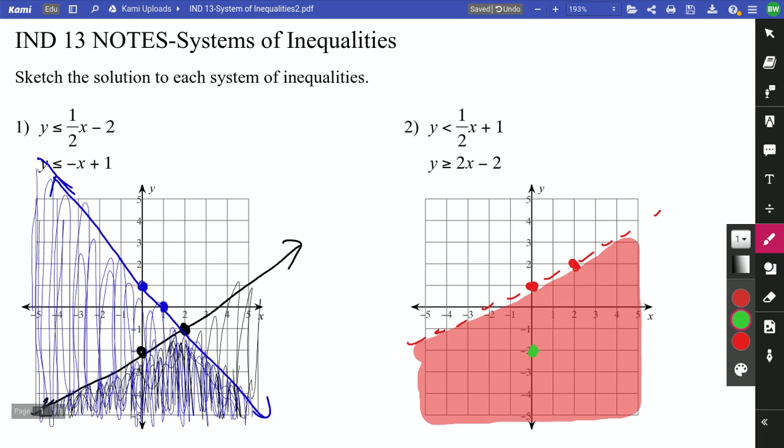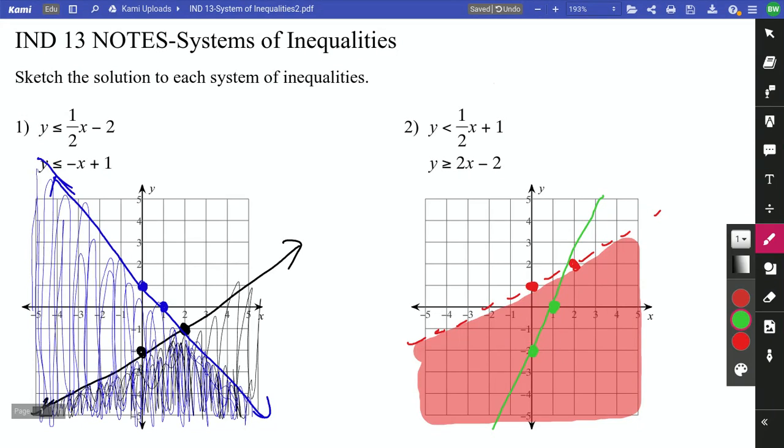Rise over run is 2/1. A rise of 2, a run of 1 gets us to that point right there, which we will color in. And now this one is a solid line because that's greater than or equal. Okay, so connect those with a solid line.